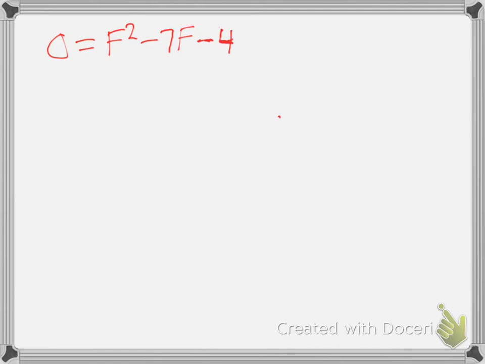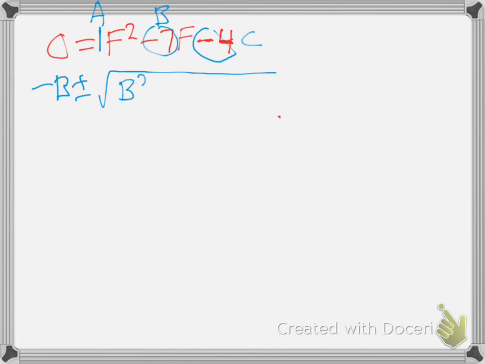Okay, so here we go again, quadratic formula. So A is 1, B is minus 7, C is minus 4. So negative B plus or minus square root B squared minus 4AC all over 2A.